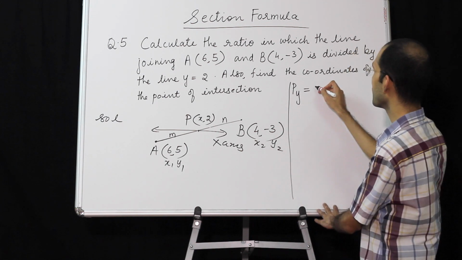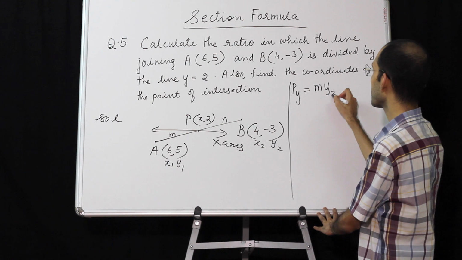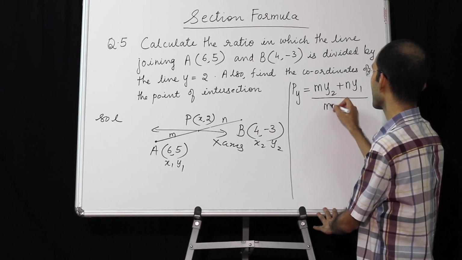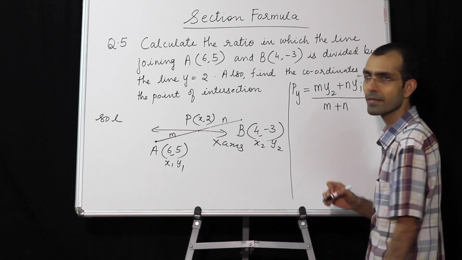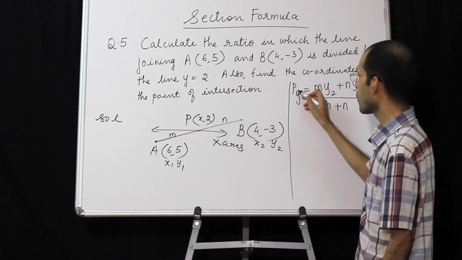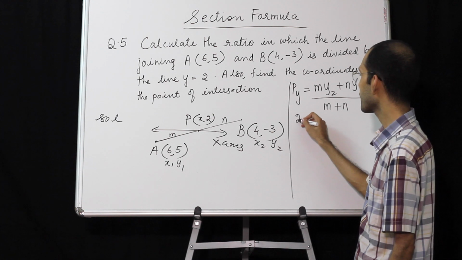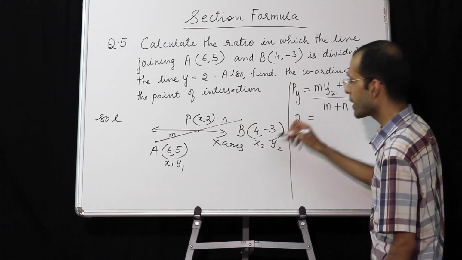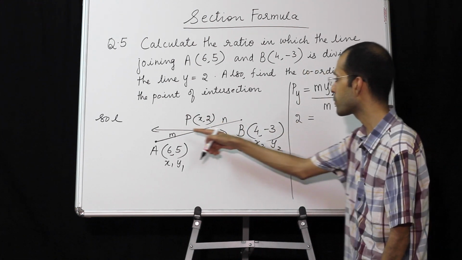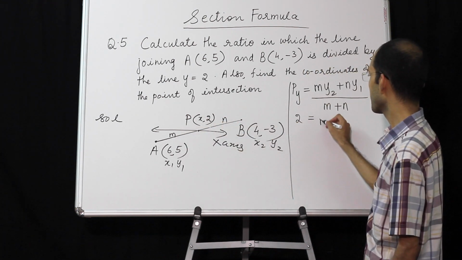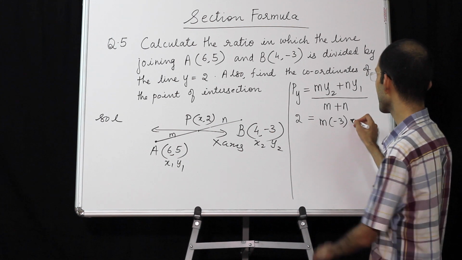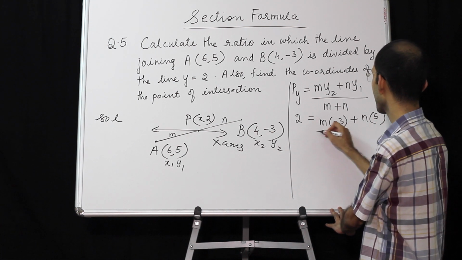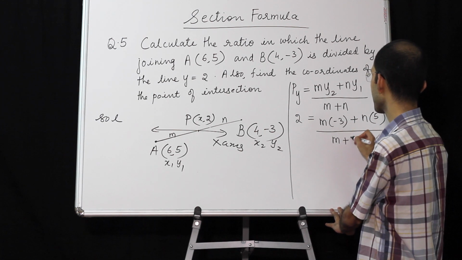Py will be (m y2 plus n y1) upon (m plus n). Now what is Py? 2 already. So m into y2, that is m into minus 3, plus n into y1, that is 5, upon m plus n.